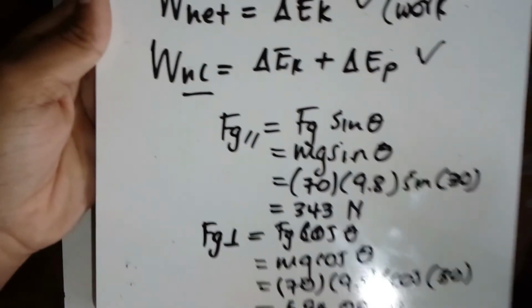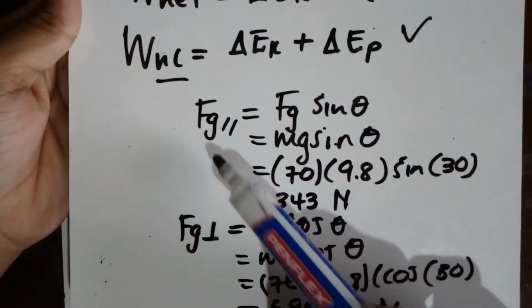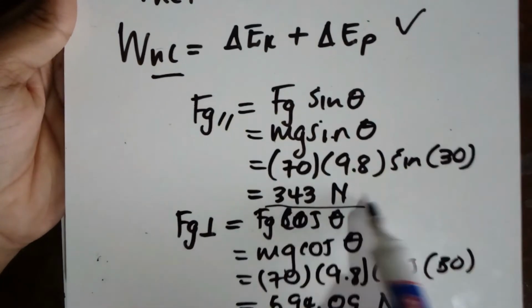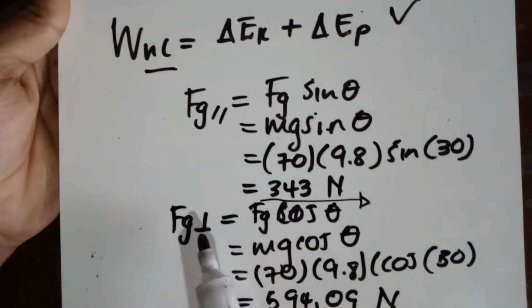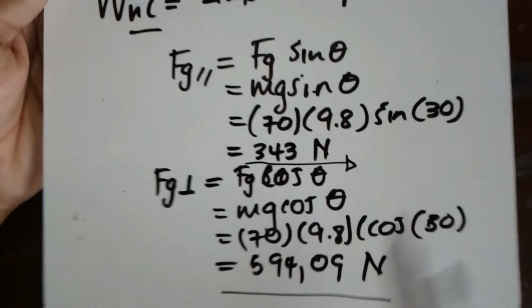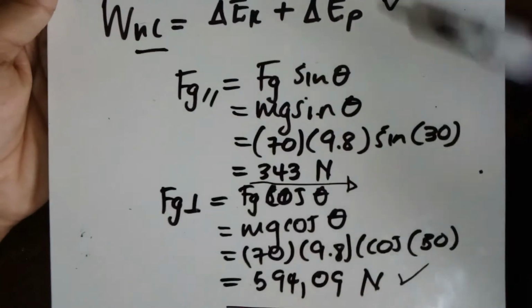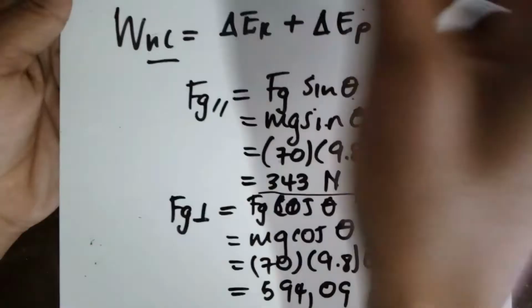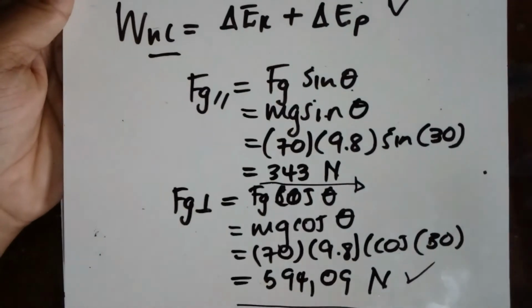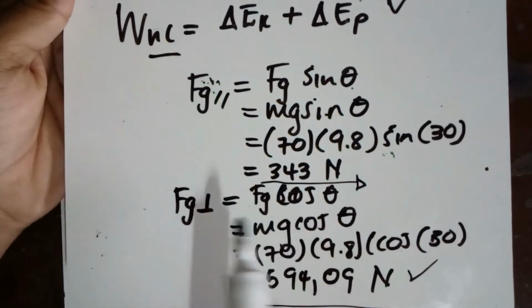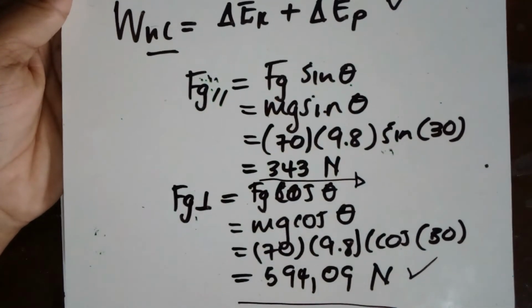Now we have calculated the parallel and perpendicular components of weight. We found the parallel component to be around 343 newtons, and the perpendicular component to be 594.09 newtons. Remember, this 30-degree angle that the incline makes, we only use it to find the parallel and perpendicular components.